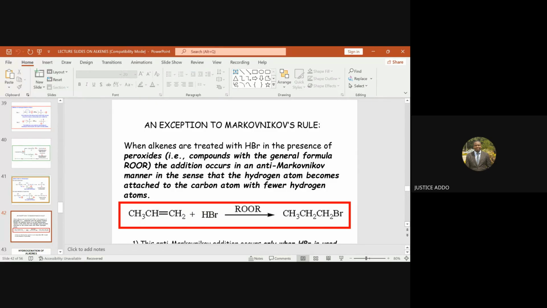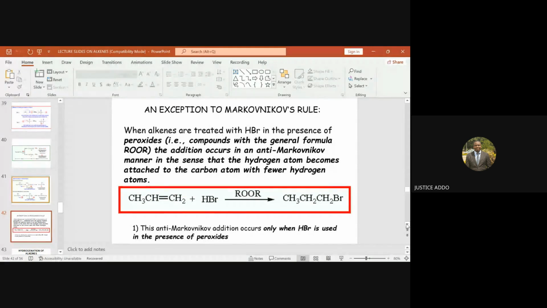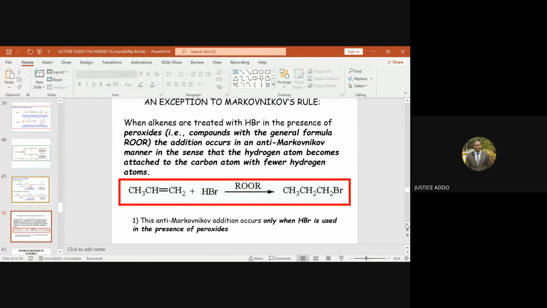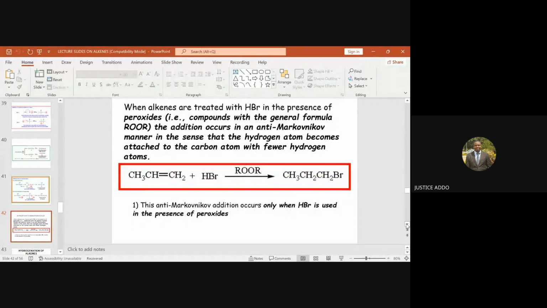So always pay attention to the reagent, and if the HBr is added under peroxide, then you should know that it's going to favor anti-Markovnikov's rule. And this anti-Markovnikov addition only occurs when hydrogen bromide is used.